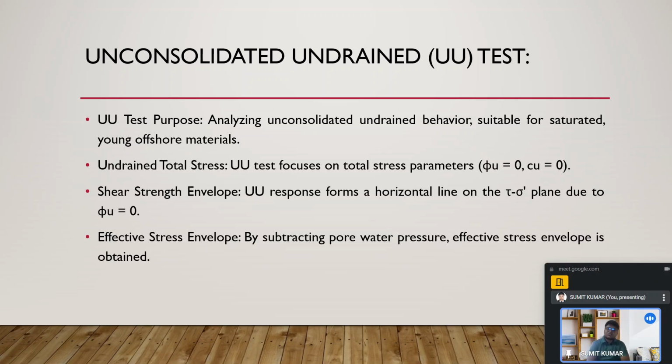The UU test focuses on total stress parameters like phi u and cu, not phi u dash and cu dash. For the shear strength envelope, the UU response forms a horizontal line on the tau-sigma plane due to phi equal to 0, and the effective stress envelope is obtained by subtracting the pore water pressure.